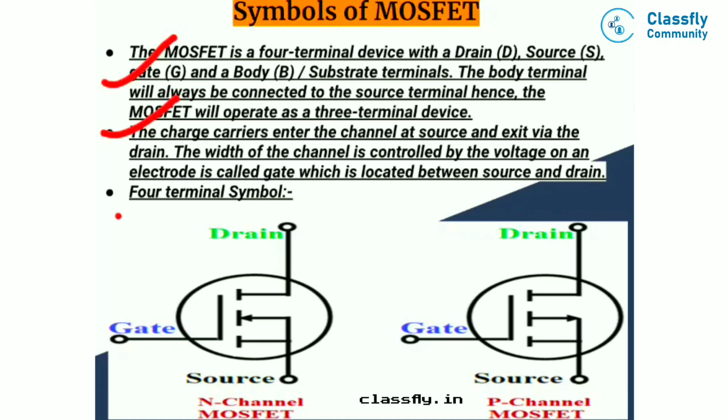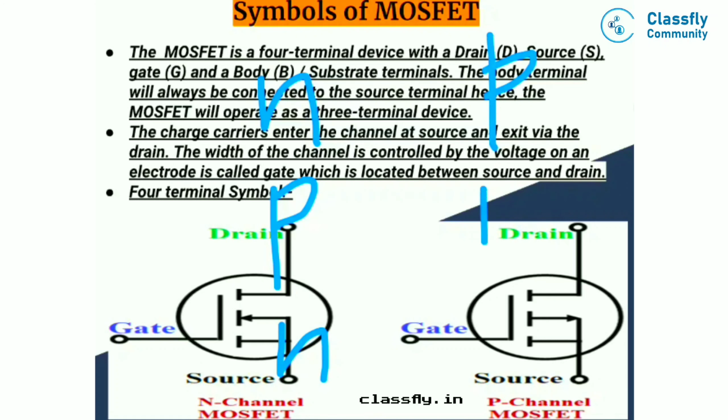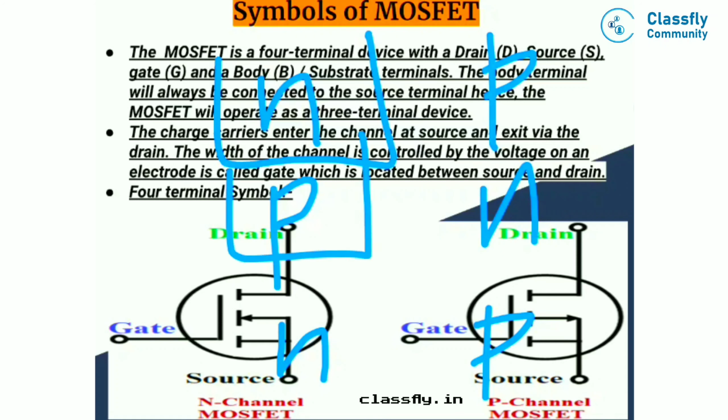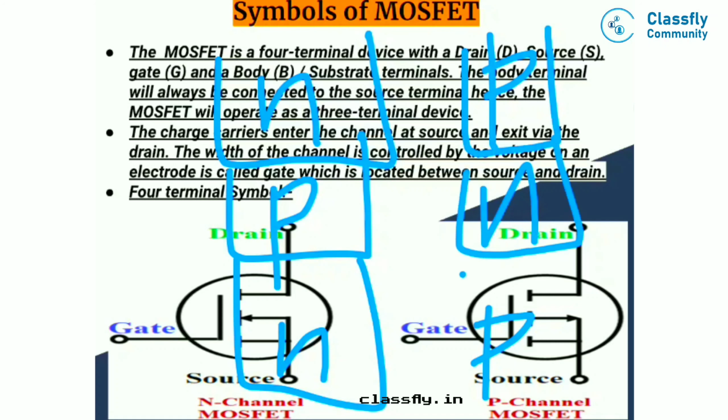Next it states the 4 terminal symbol. You know that there are 2 channels, N channel MOSFET and P channel MOSFET. In N channel MOSFET it is N, P, N, whereas in P channel it is P, N, P. That means it will be made like this.